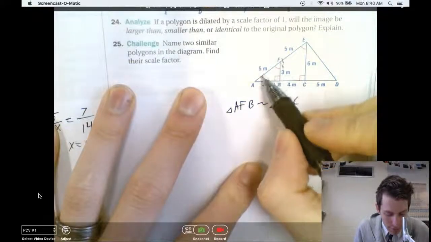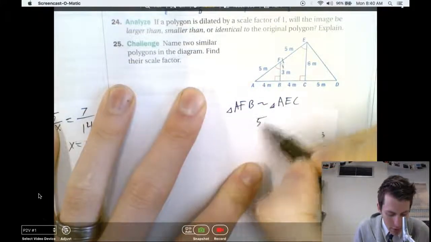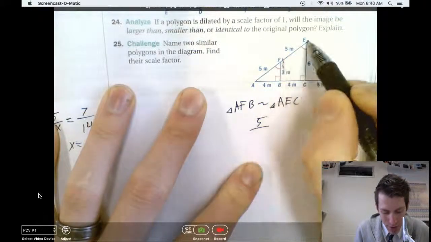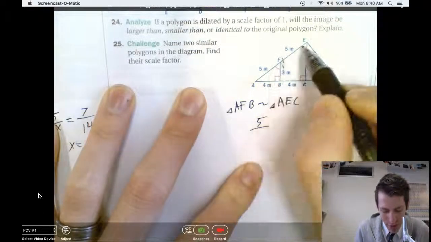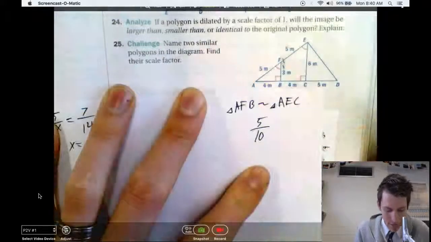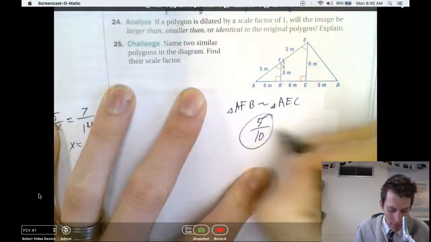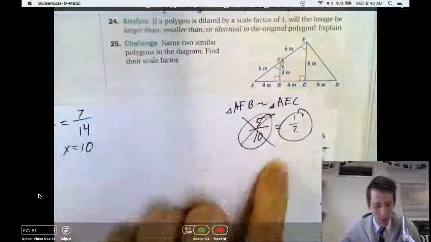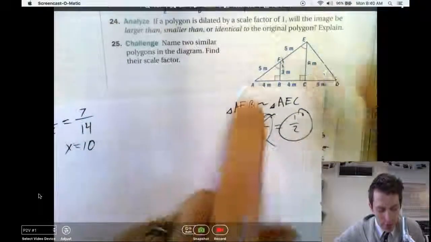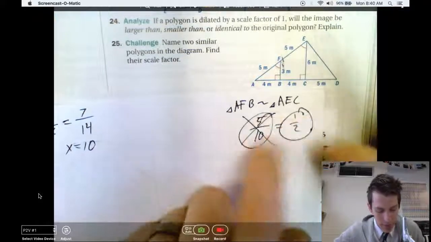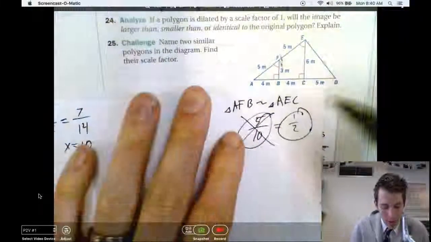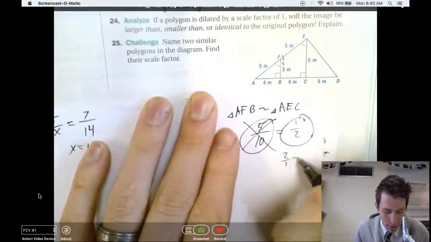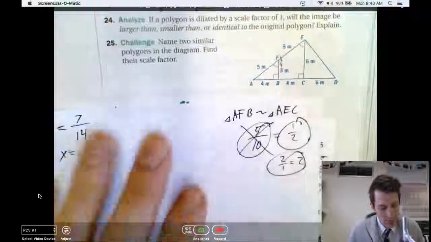So 5 in the small one to, would it be 5 in the big one? No, it'd be 5 plus 5. Okay, 5 to 10. The scale factor reduces to 1/2. So from the big to the small, scale factor is 1/2. Now I could have written it the other way around. If you're going from small to big, it would have been 2/1, which just equals 2.